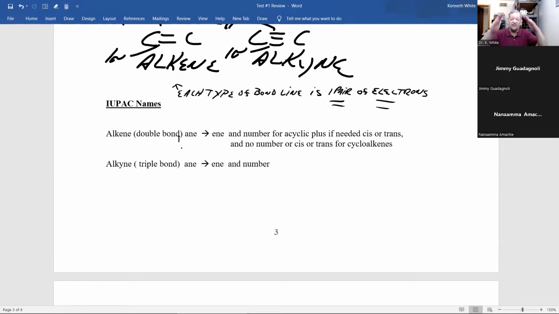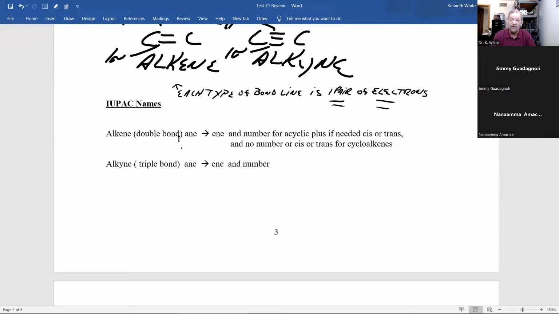Cis means the hydrogens are on the same side of the double bond, below or above, and trans, they're opposite. How do you like my hand things? Cis, same, trans, opposite.